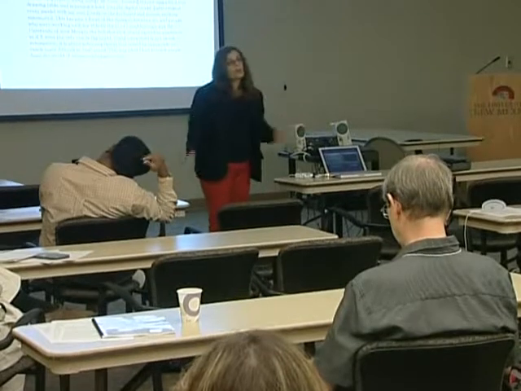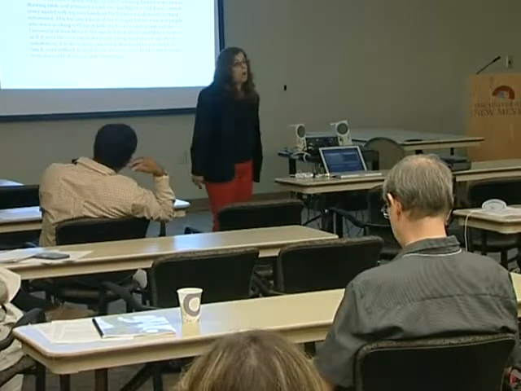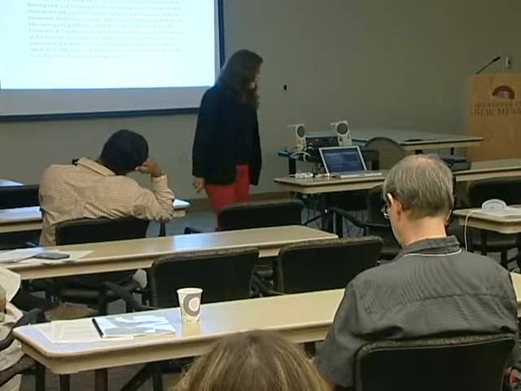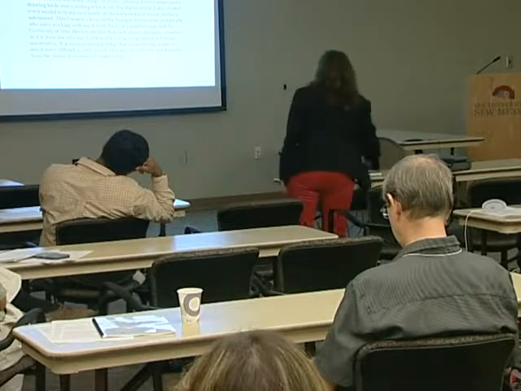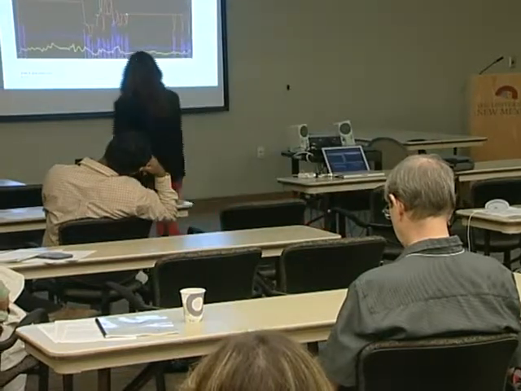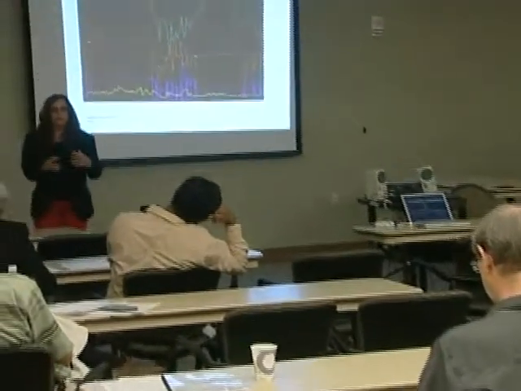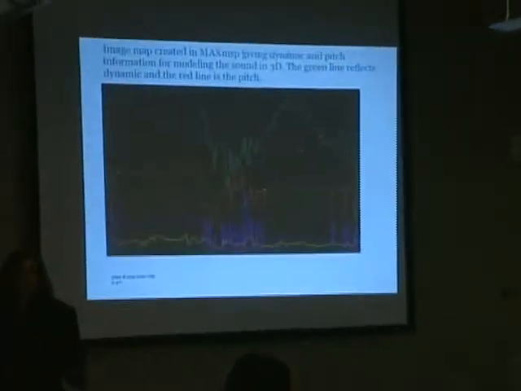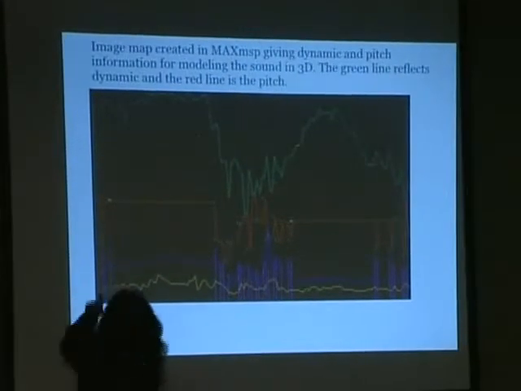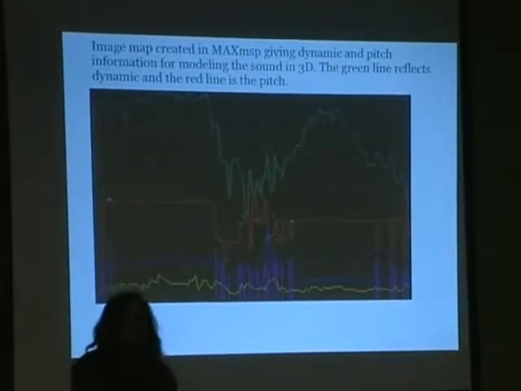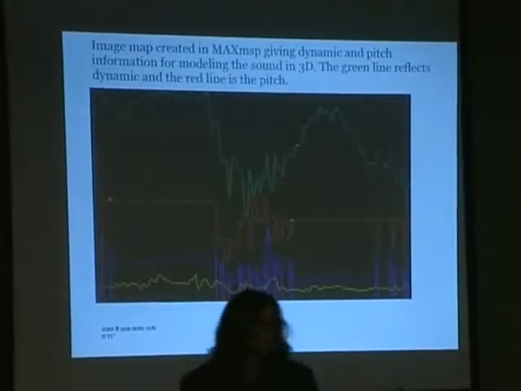So I've spent the last 4 years modeling all the sounds in Maya. And the way I do it, first of all, we took them through a Max MSP program and MIDIfied them and got pitch, which is the yellow line, and green, which is dynamics or velocity, loud and soft.